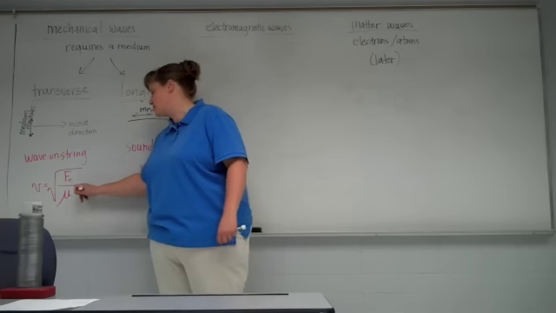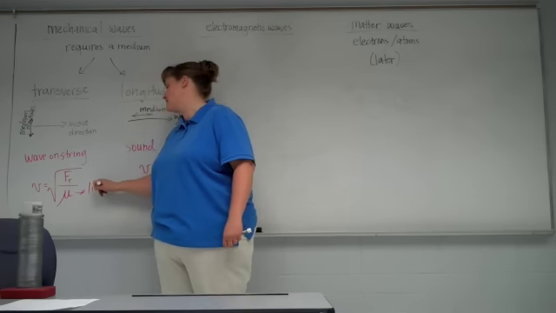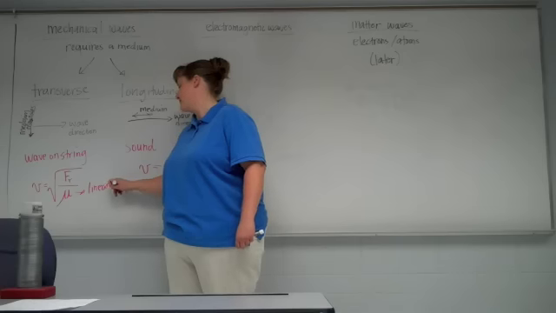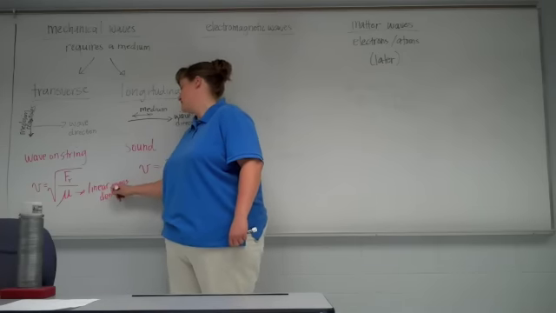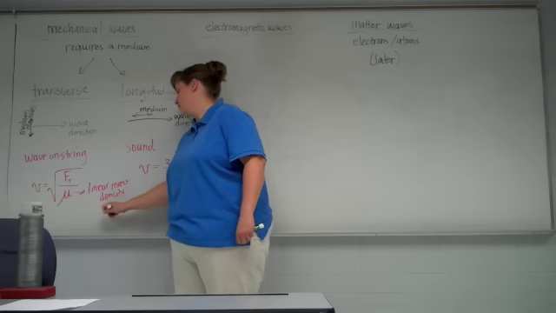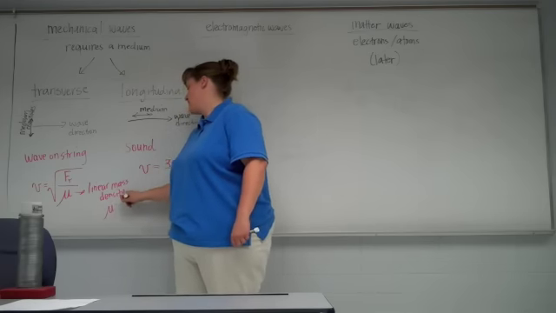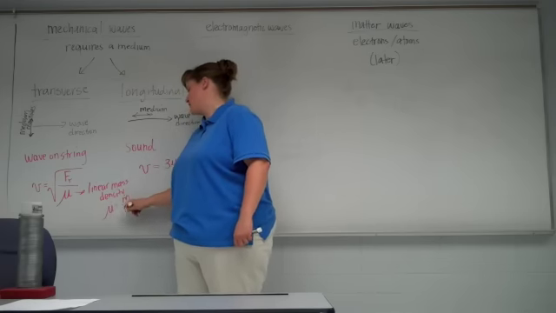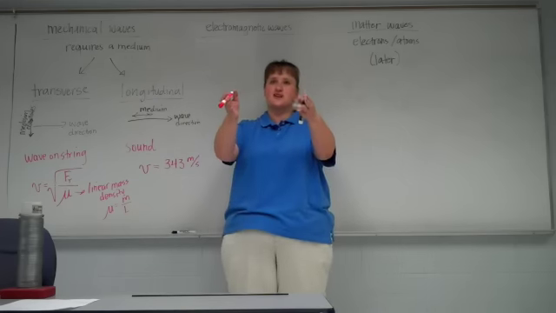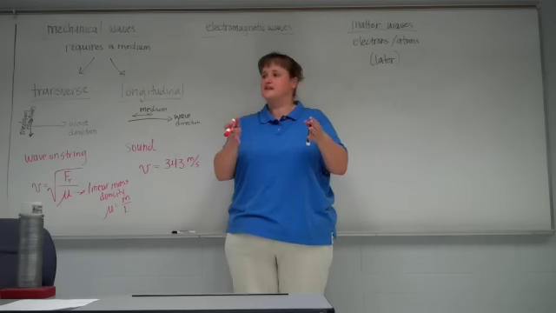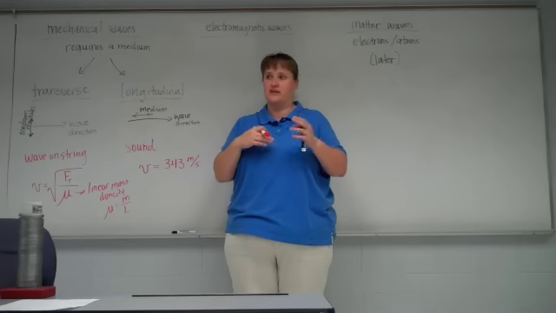Mu is called the linear mass density. It's how much mass per length of the string. So if you took a piece of the string that was 1 meter long, it's the mass of that 1 meter long section over the length of that section, 1 meter.